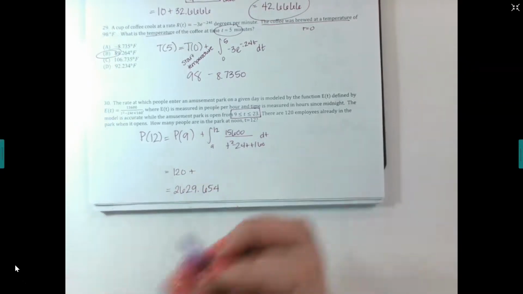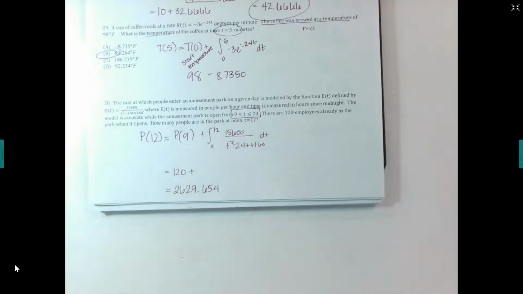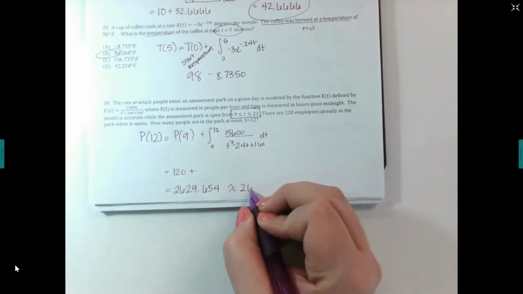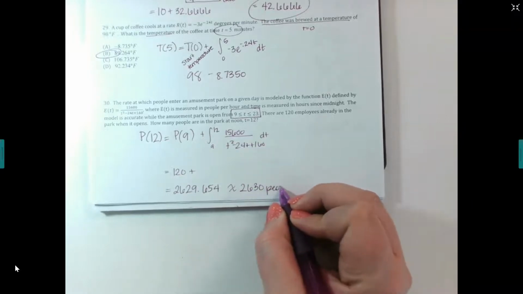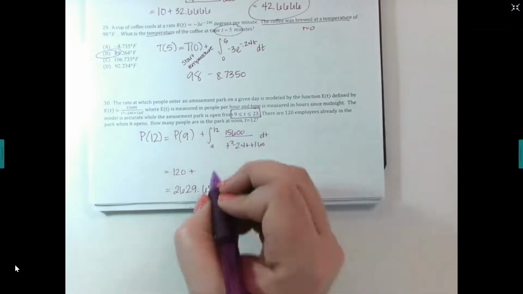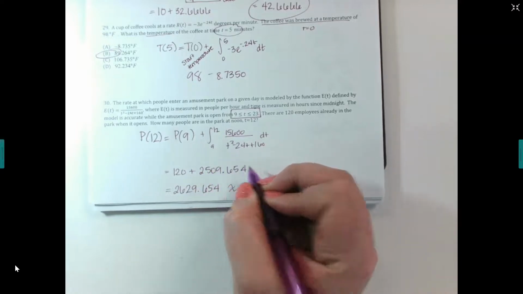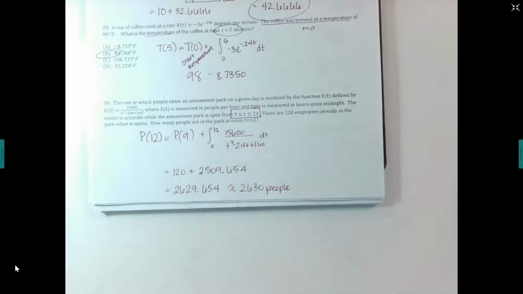0.654. Now, if this is measuring people, how would I round that? Yeah, I would say that's 2630 people. Even if it's not a whole person, it's still a whole person. So what if I put 2629? Don't do that.